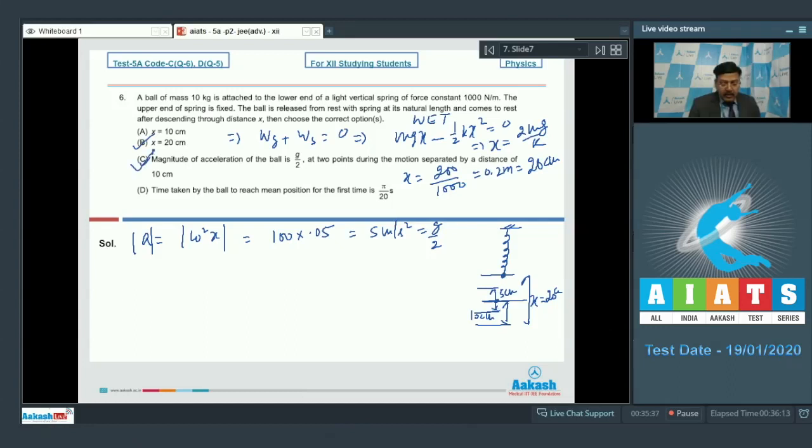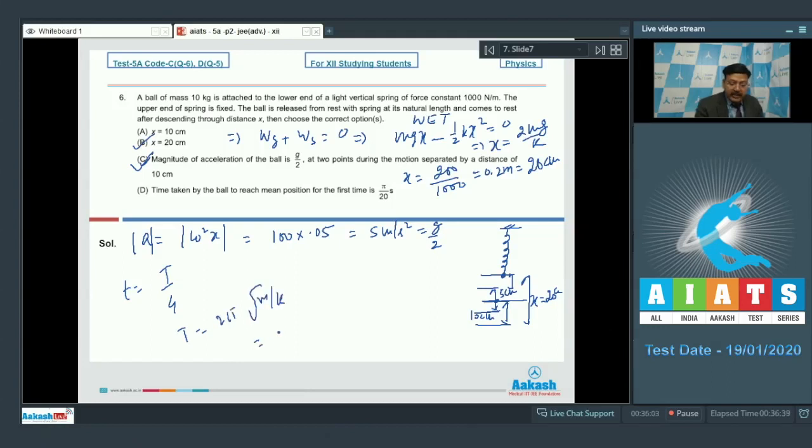Now option D says time taken by the ball to reach mean position for the first time is pi by 20 seconds. If it is reaching mean position for the first time, the time taken is 1/4 of the period. So the time will be T by 4, where T is 2 pi root m by k.